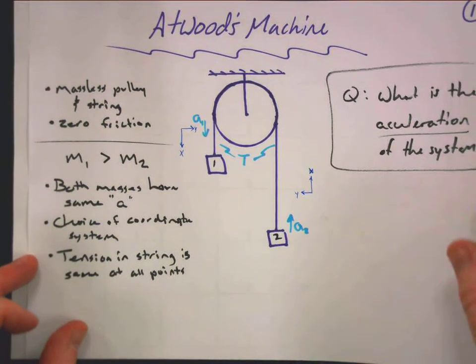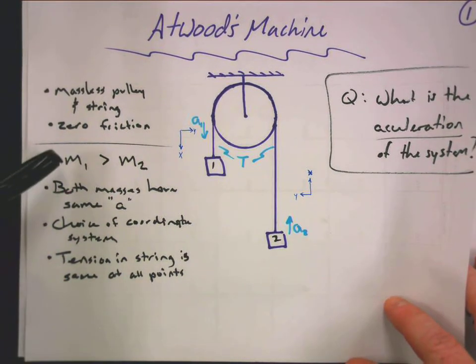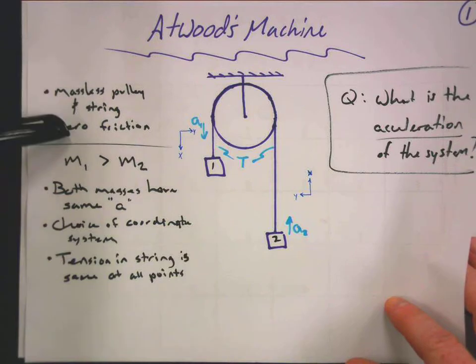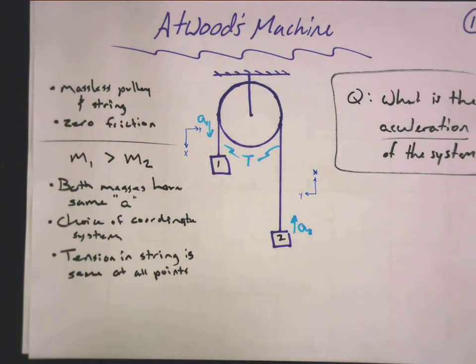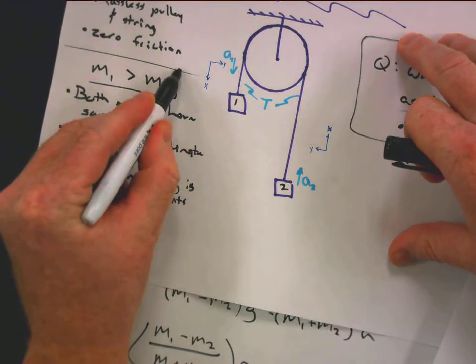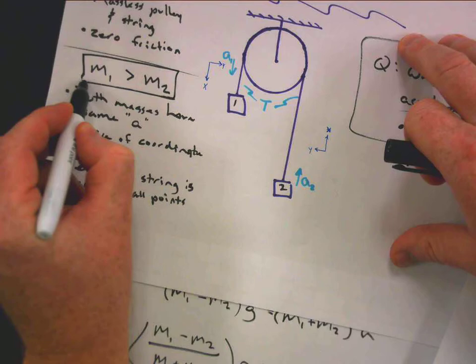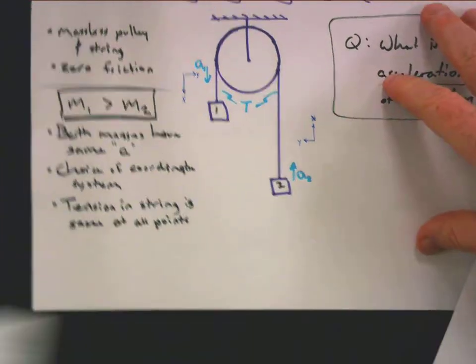First, and we'll come back to talking about this, but I want to remind you how we got there. First, we recognize an ideal situation, no friction, no mass in the pulley or the string. We identified, and this actually is kind of important, that M1 is greater than M2. Okay. So both masses have the same acceleration.